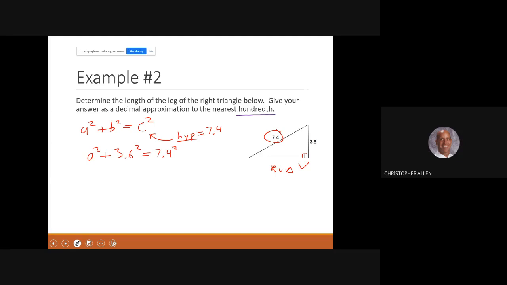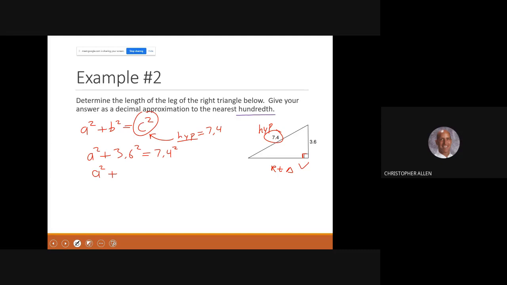That's why I put it over there where the C was. Remember, guys, C is the hypotenuse. This is the hypotenuse, so you have to put that in for the C. So this one's a little bit different than the last problem. Now we have a squared plus, and now we've got to do 3.6 squared.